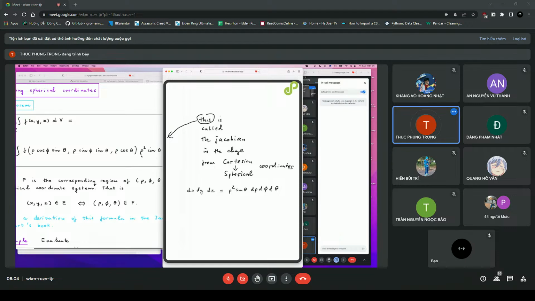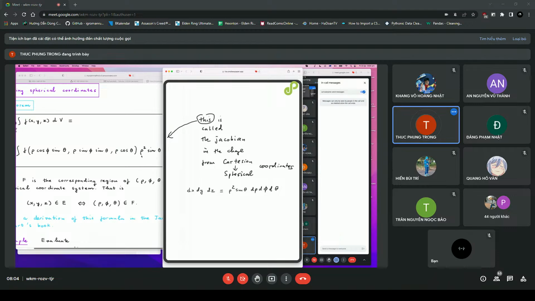And if you remember what we have in double integrals, let me remind you also: the double integral of f(x, y) dA is the integral of f(r cosine phi, r sine phi) r dA.